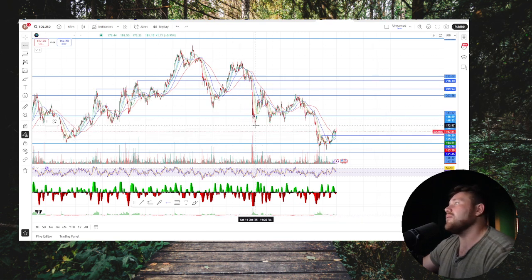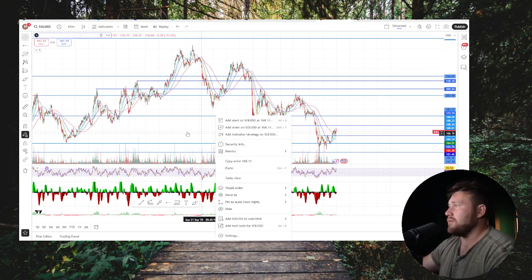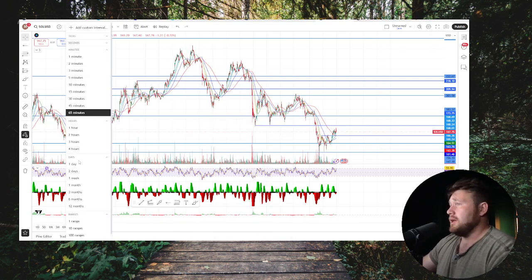And you might find some resistance here. This was prior resistance, multiple touches there, so they might be finding resistance. So in the shorter time frame, that's what you might want to watch.